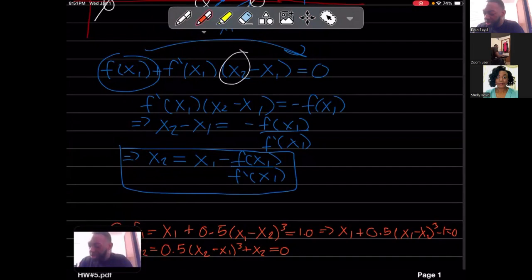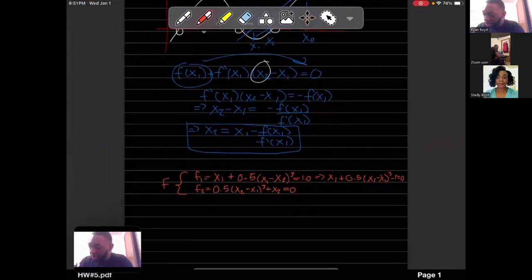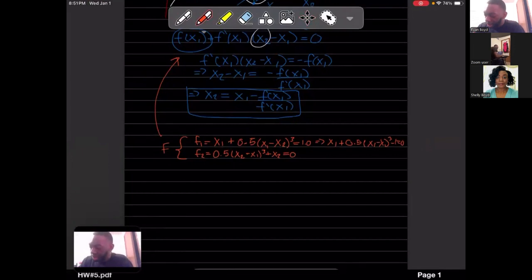Our function will tie into our first part, f of x1. So how we'll write it out is f of xn, and xn represents x1 and x2. So x1 and x2 that we have.